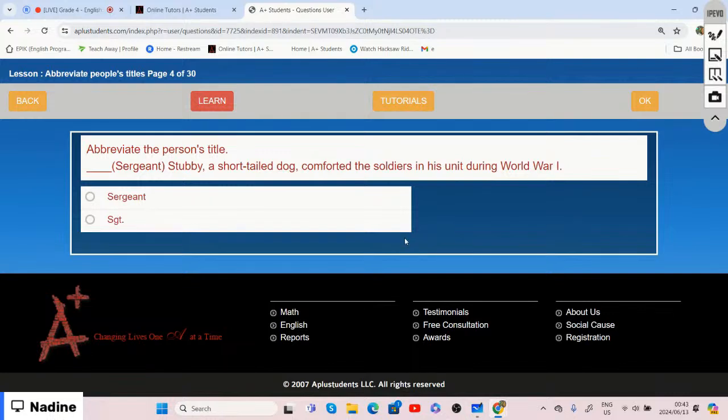Then Sergeant Stubby, a short-tailed dog, comforted the soldiers in his unit during World War One. We need to abbreviate the word sergeant.